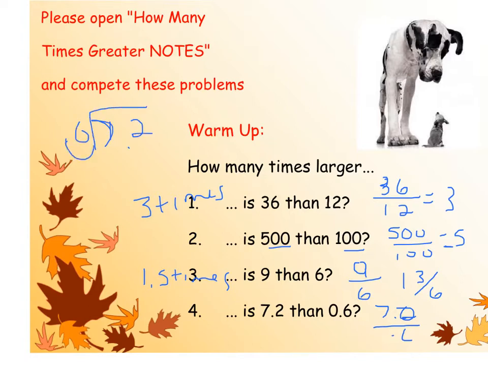We move the decimal place once in both places. 6 goes into 7 one time, with 1 left over, bring down the 2. 6 goes into 12 2 times. So 7.2 is 12 times greater. So it's all about dividing in this one.